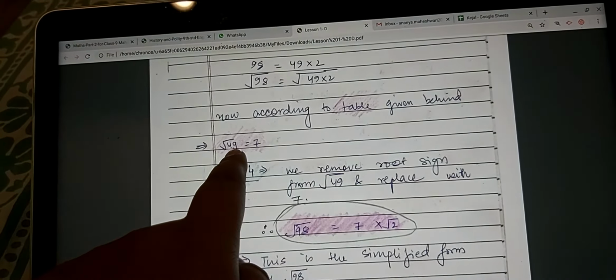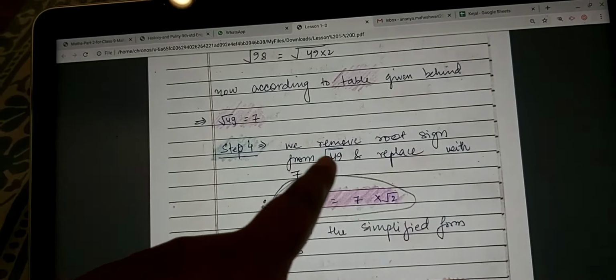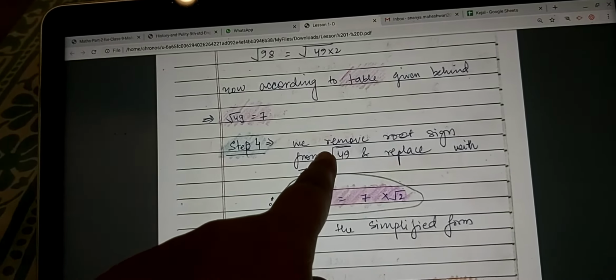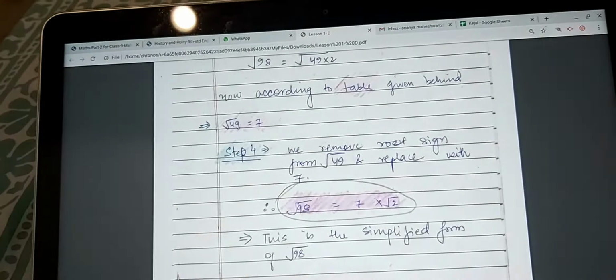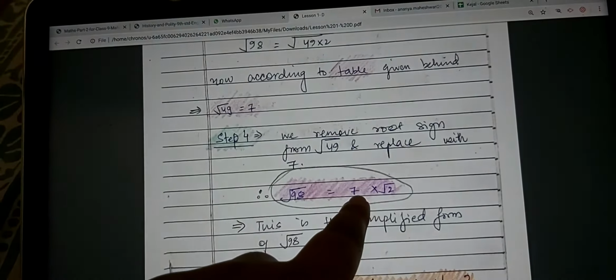So square root of 49 is 7. Okay. So what I can instead do is remove the square root from under 49 and replace it with 7.